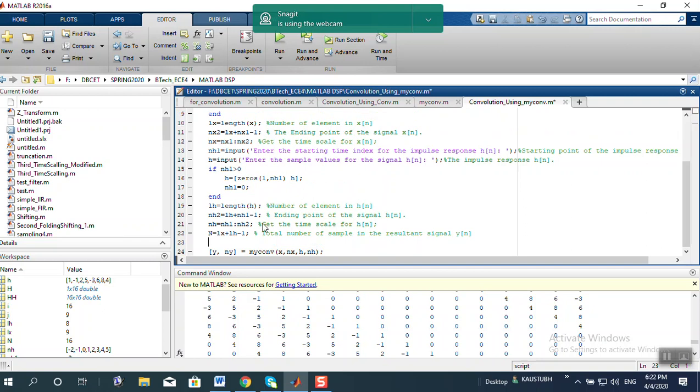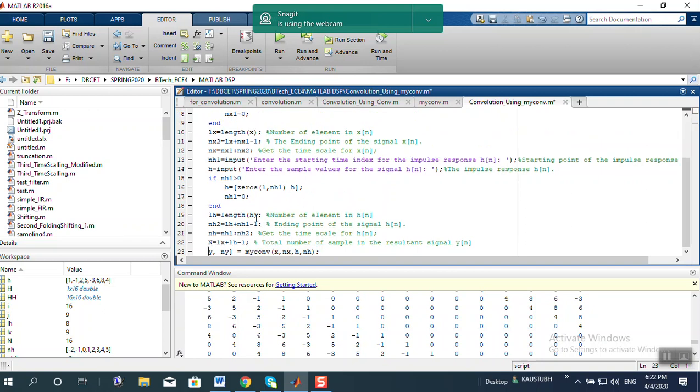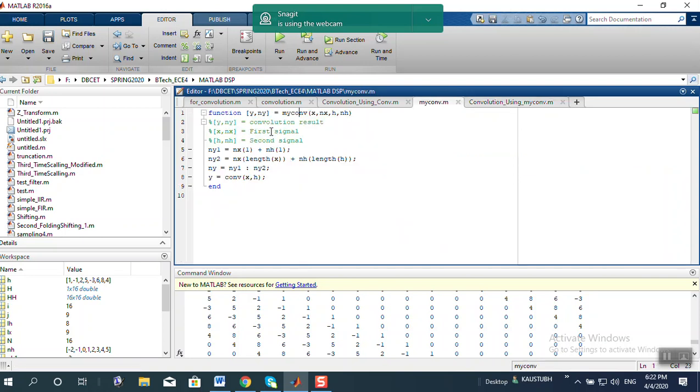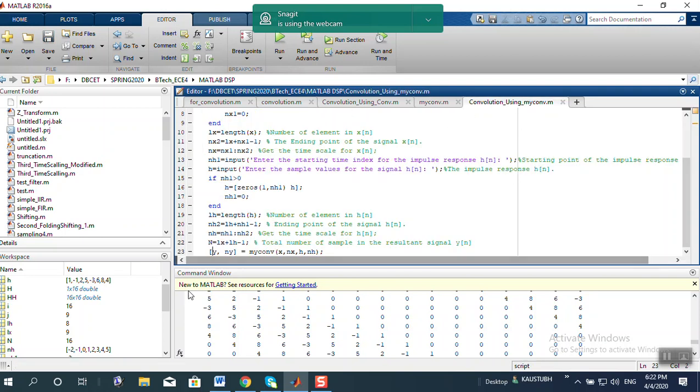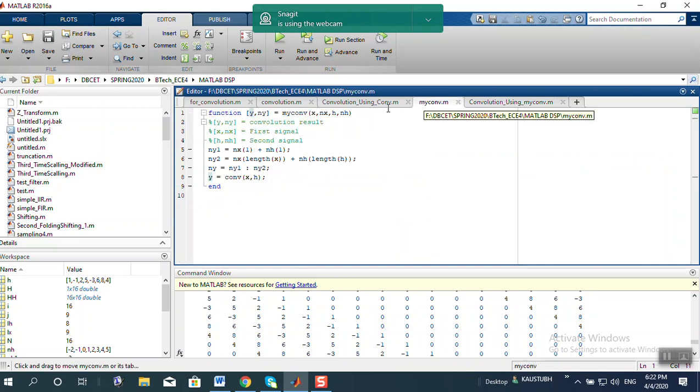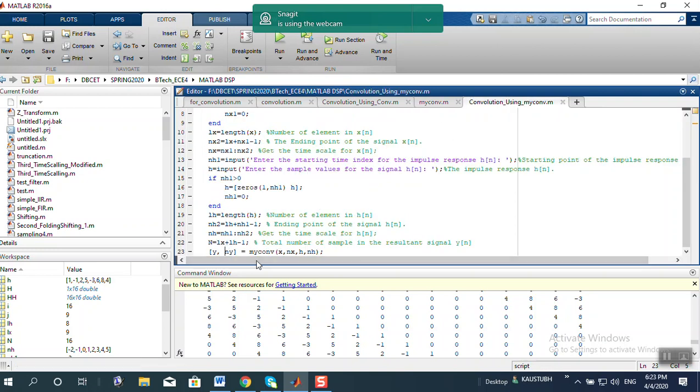So I can delete it here. For y, you can use the same variable or a different variable. Instead of y, you can say pq, no problem. It is not necessary that the same variable has to be used here.